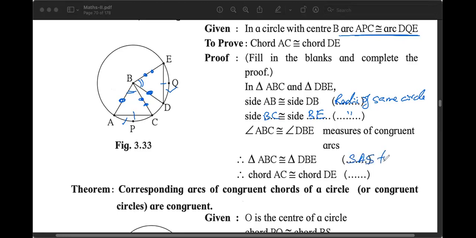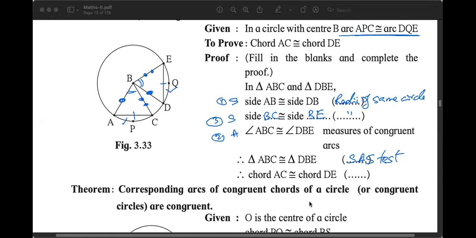SAS test. Side angle side. AB side corresponding to DB side. Angle ABC corresponding to angle DBE, angle. So this is a side, this is an angle, this is a side. SAS. अगर मैं इसको लिखता तो पहले इसको लिखता, फिर इसको लिखता, फिर इसको लिखता.